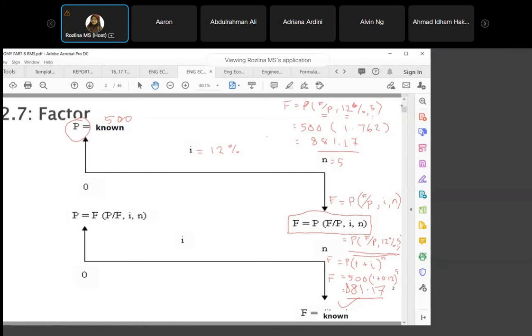You can use the formula or you can use the table. This one is formula and yang ni table. Okay. Simple kan? Simple.